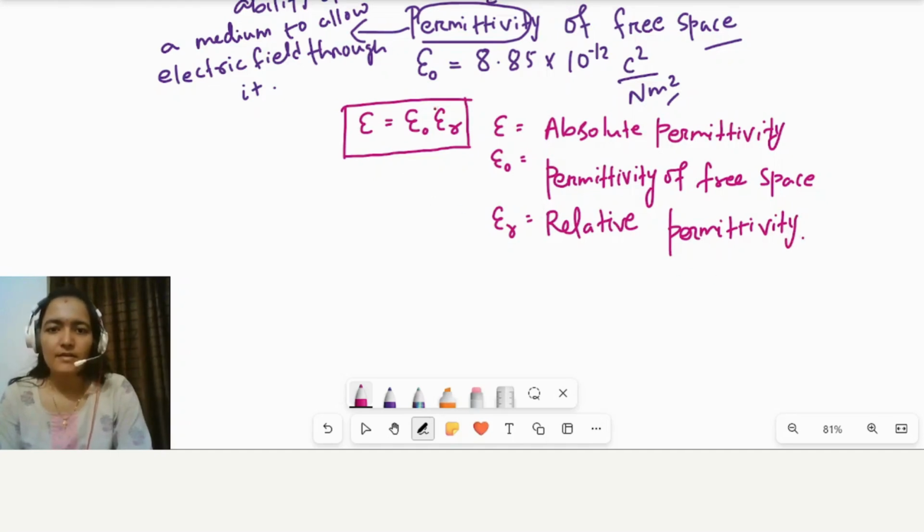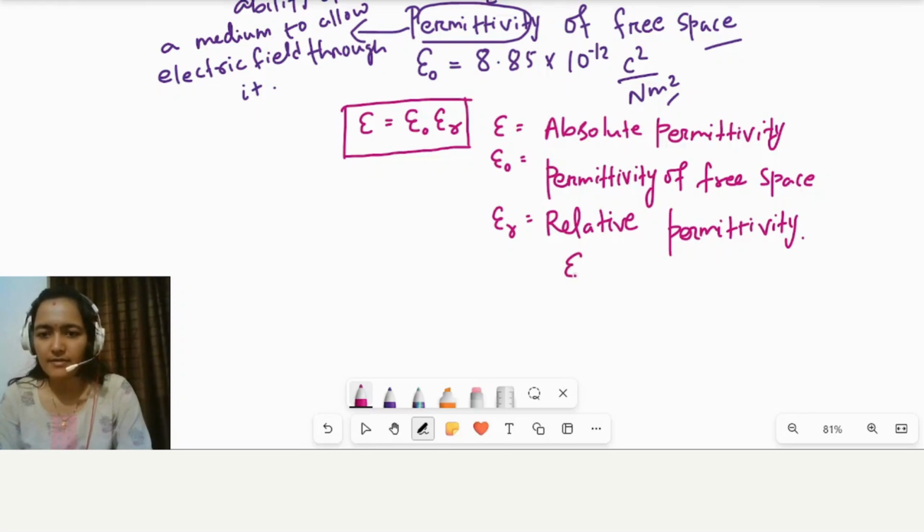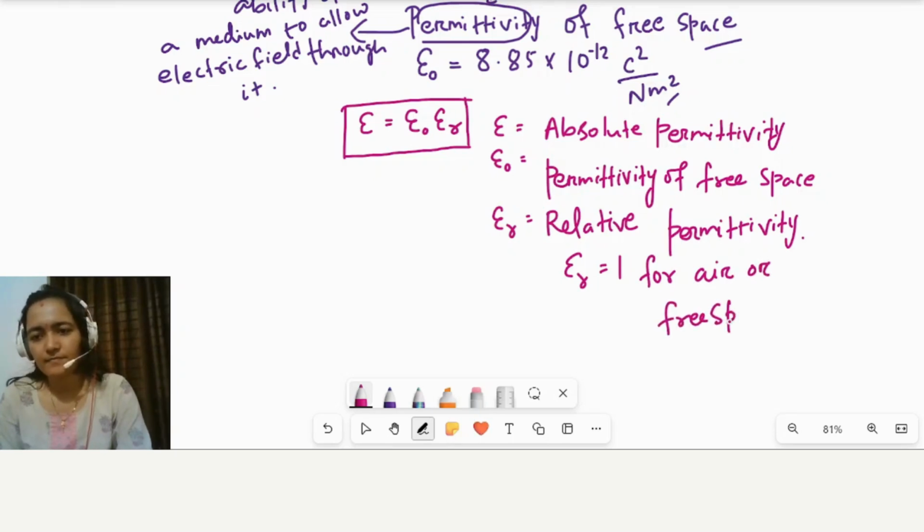Okay. So from this we can write, and always remember epsilon r is equal to 1 for air, or for free space, means for vacuum epsilon r is 1.